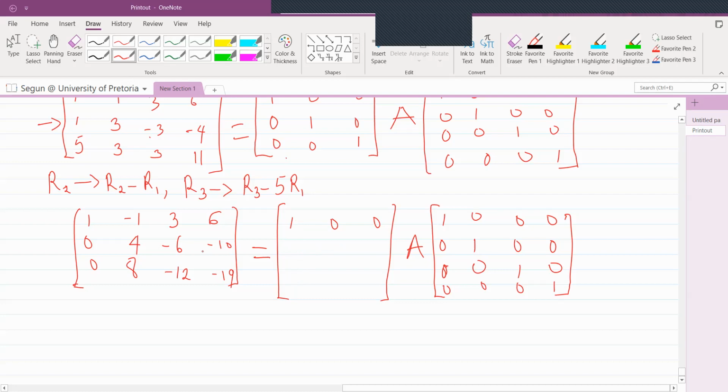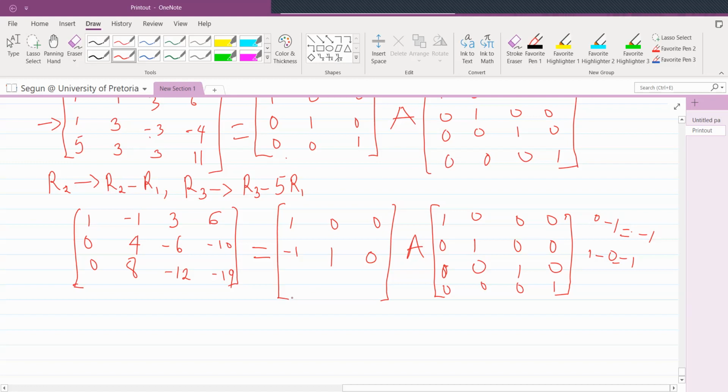So remember, it's R2 minus R1. What's the first R2? 0 minus 1. What's the answer? Minus 1. So we write minus 1 there. Then the next one is 1 minus 0 is 1. The next one is 0 minus 0, 0.